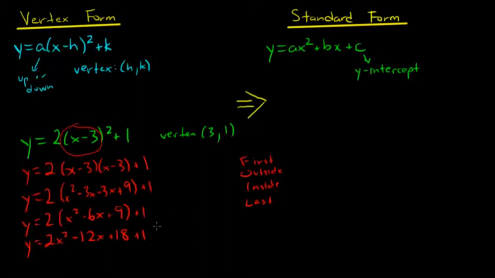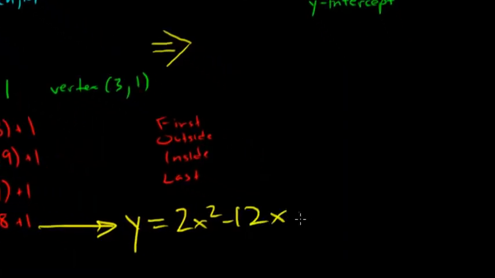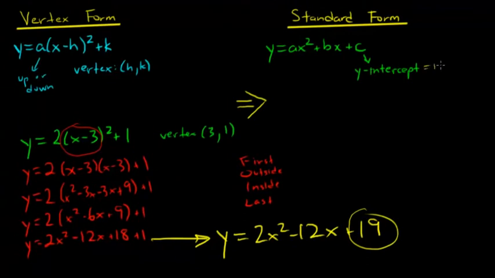We will have it in standard form. So our final answer is y equals 2x squared minus 12x plus 19. So that's standard form, and what that 19 tells us is that the y-intercept equals 19.